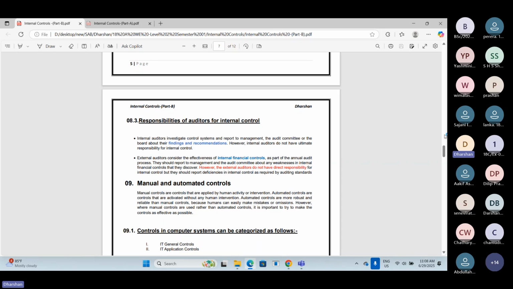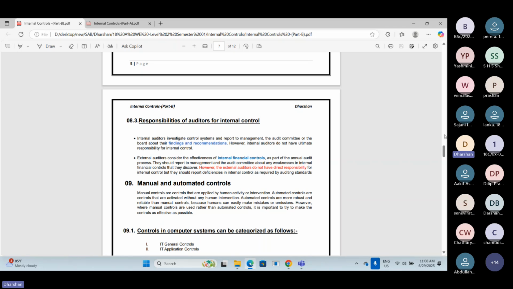External auditors, just a brief on their role: their scope is only financial statement, not beyond that. An external auditor should provide their opinion on financial statements.